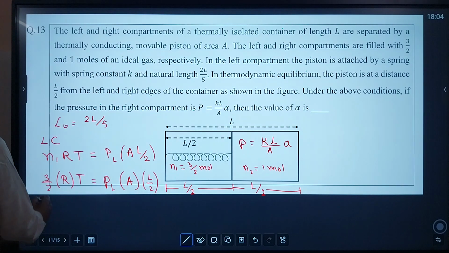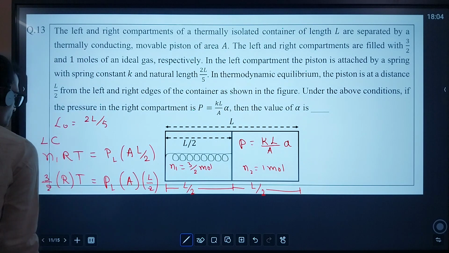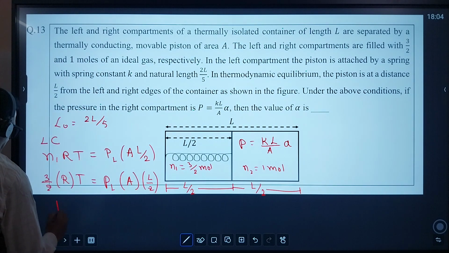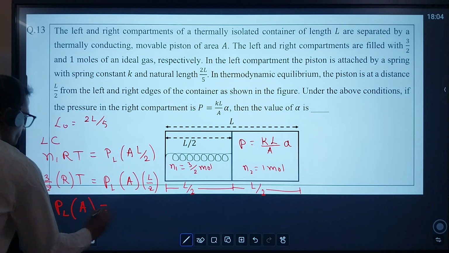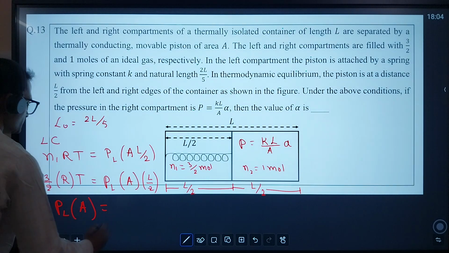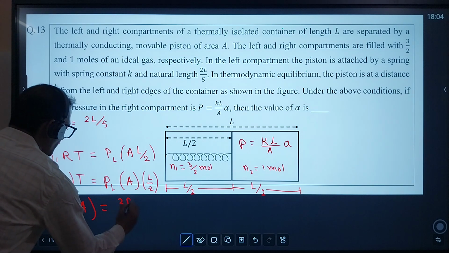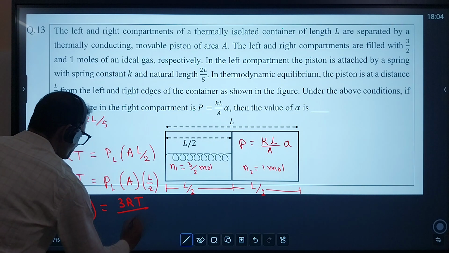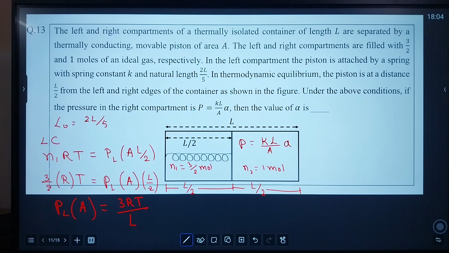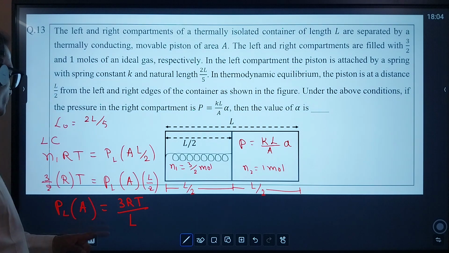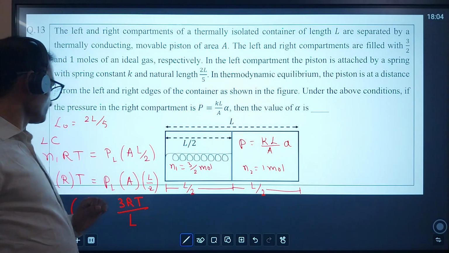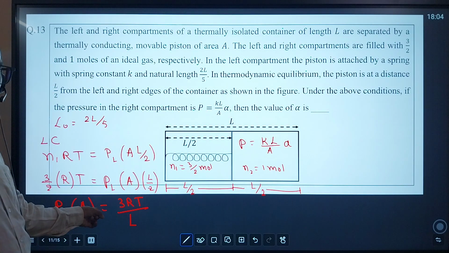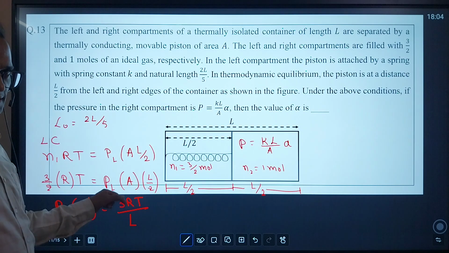So this 2 will cancel out, and PL into A will be equal to 3RT by L. This PL into A is actually the force exerted by the left side of the gas. Pressure into area, what is it? Force exerted.